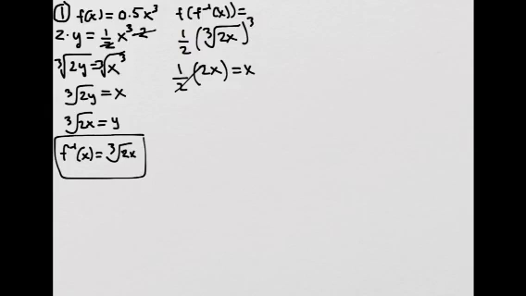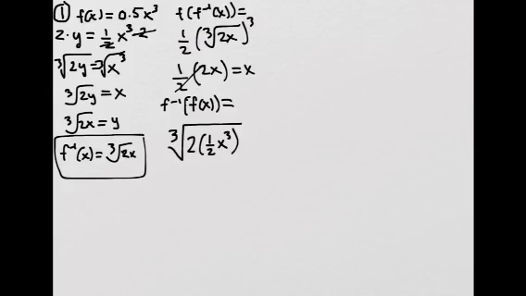So we do the other direction, f inverse of f of x. And that's going to give us, we'll start with f inverse. So that's cube root of 2 times 1/2 x cubed, like that.